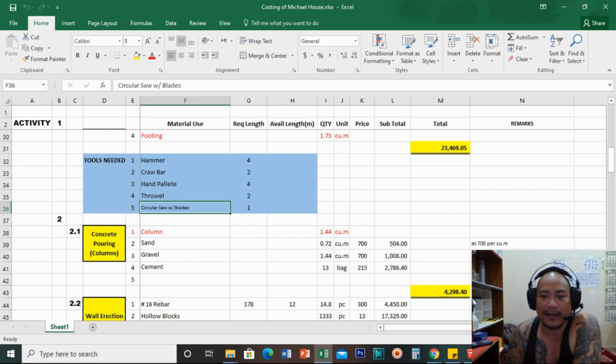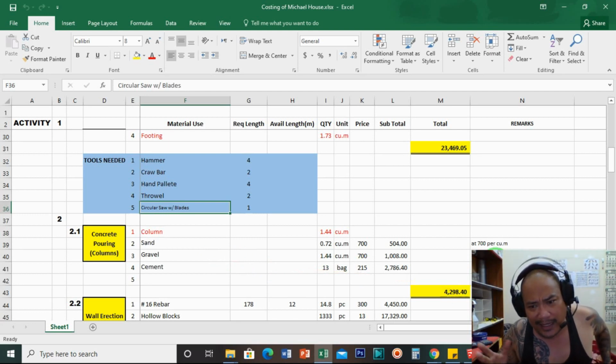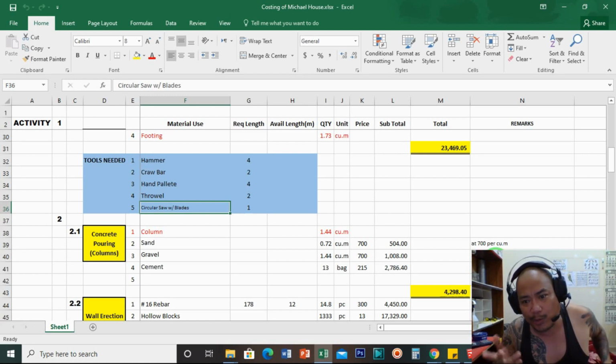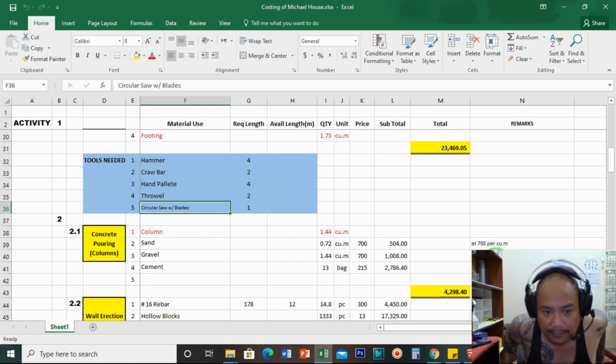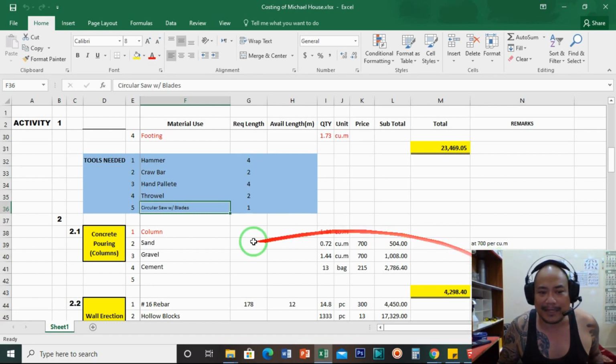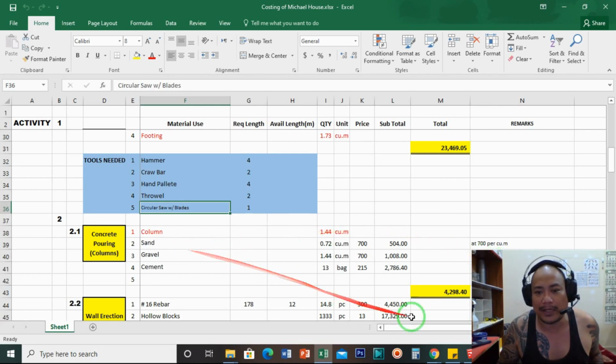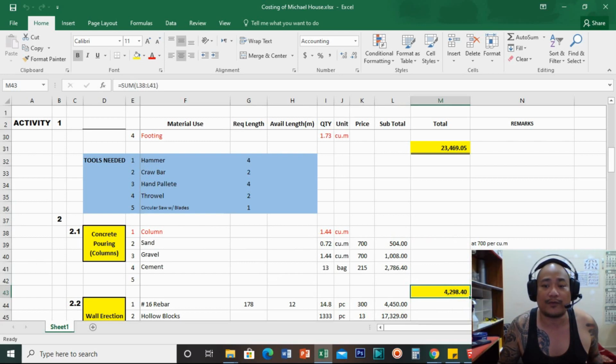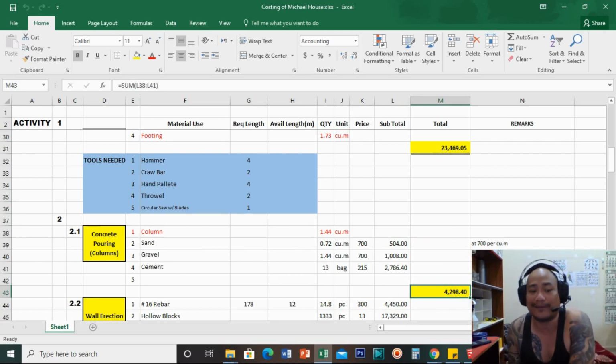By the way, my friends, in our area, at least 700 is the price per cubic meter of the sand, also in gravel. So in this activity, concrete column pouring will be 4,298.40.